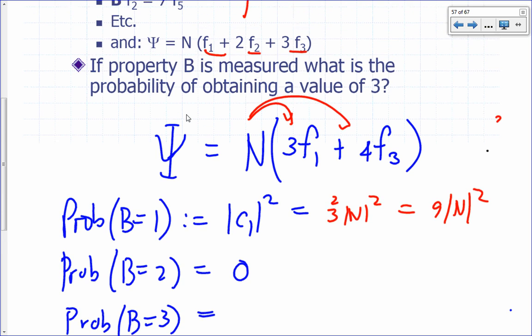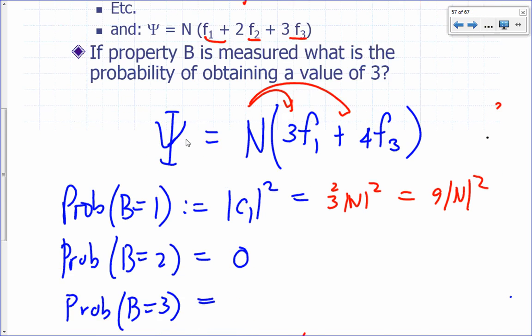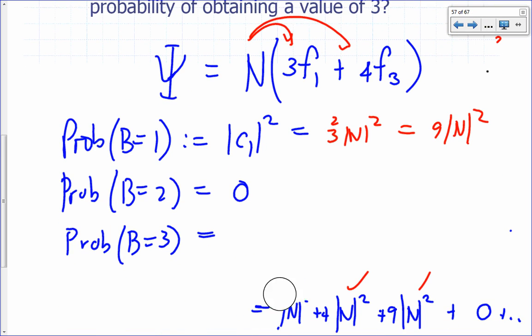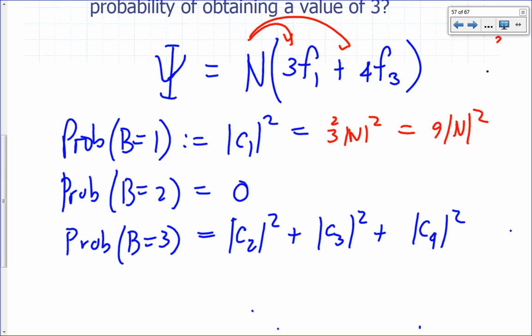What's the probability that you're going to get B equals 3? There are 3 eigenfunctions that have an eigenvalue of 3. So the answer there is C2 squared plus C3 squared plus C4 squared.